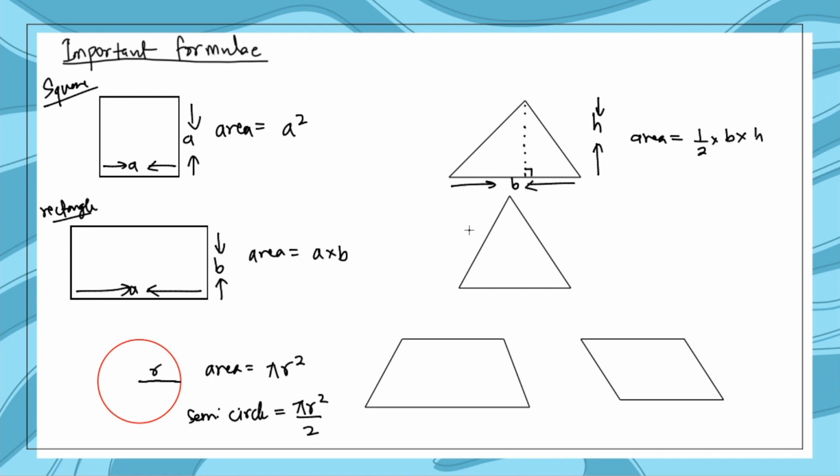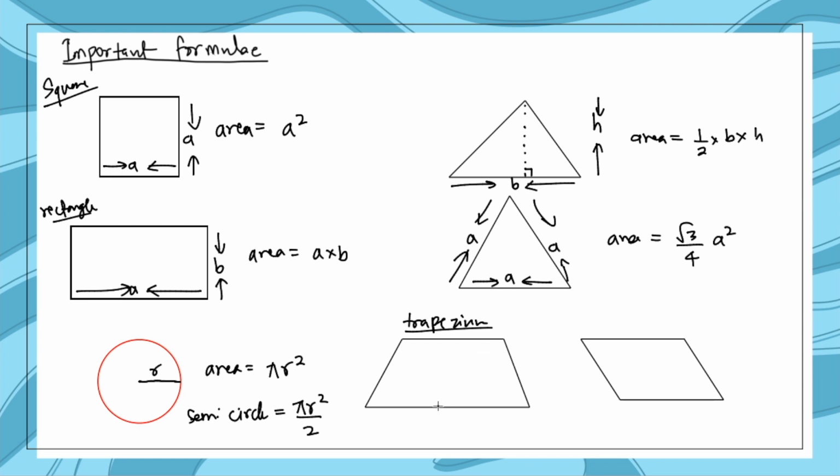Now if the triangle is an equilateral triangle, that means all the sides of the triangle are the same, a units, in that case the area of an equilateral triangle is given by root 3 upon 4 side square. Alright, now this is a trapezium, and for a trapezium the property is that it will have two parallel sides.